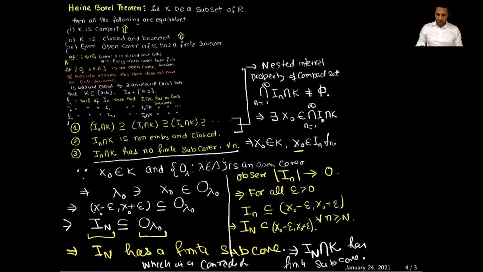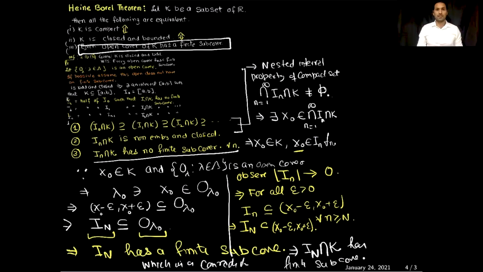Therefore, this construction is not possible. And if this construction is not possible, it is not possible to assume that an open cover has no finite subcover. So this implies the result is true: every open cover of a closed and bounded set has a finite subcover.